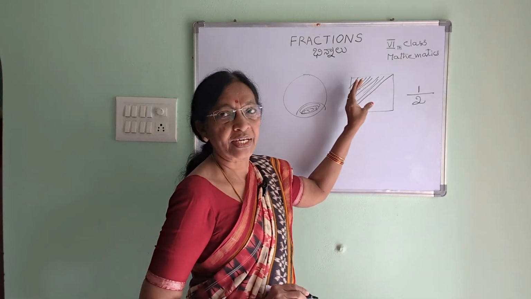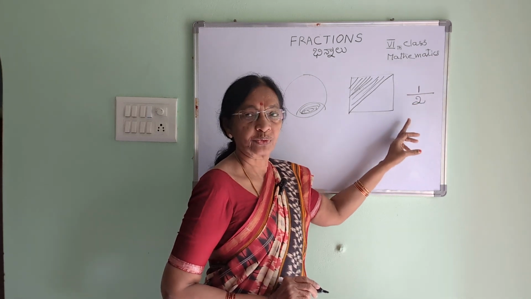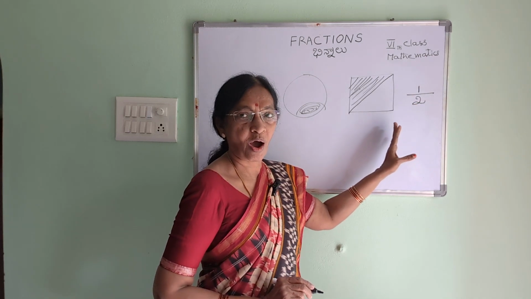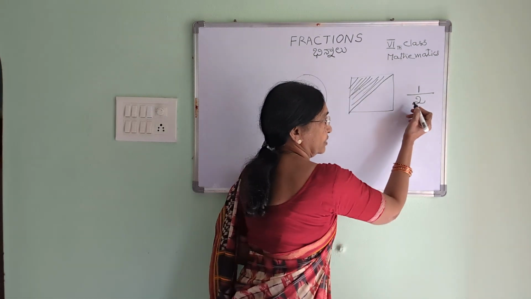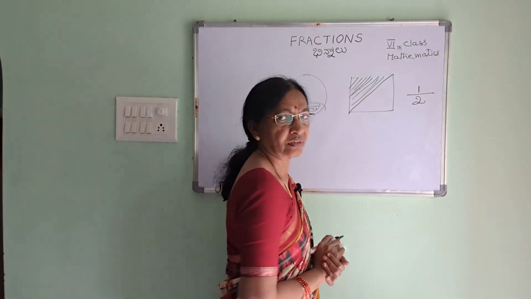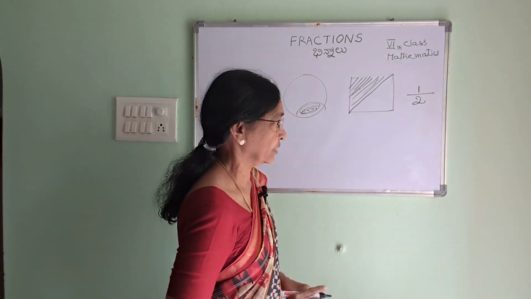So this shaded portion in the square is 1/2, half. So half of this square is shaded. So this is known as the fraction. Half is a fraction, a part of this square.